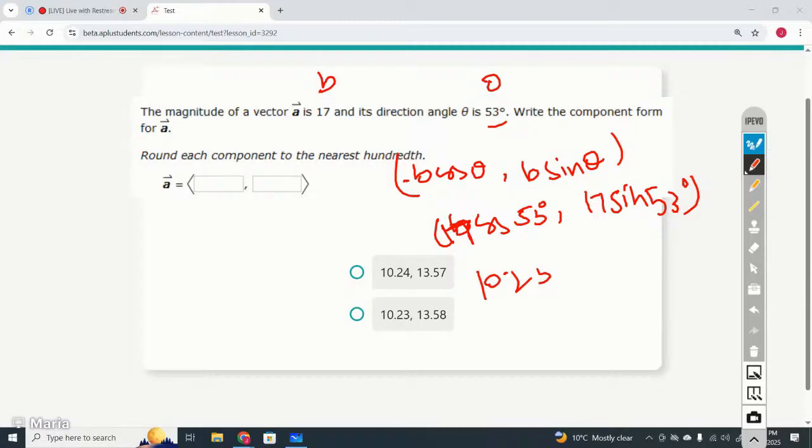Now sin 53 equals 0.7986 times 17, that is 13.57.